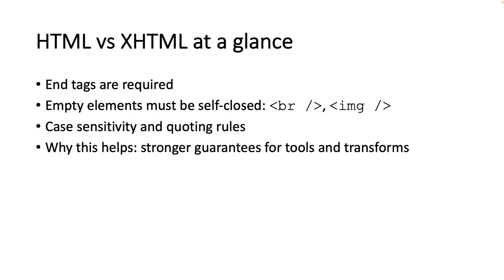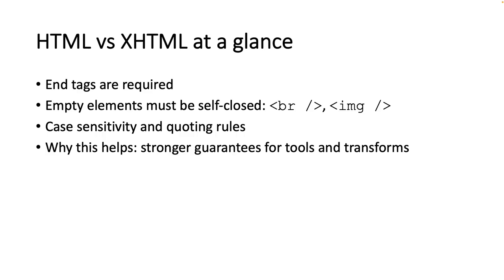End tags are required. Elements must be self-closed. That means that little slash angle bracket at the end of BR and IMG in this case, those are empty elements, properly closed. Case sensitivity matters, and there are quoting rules.